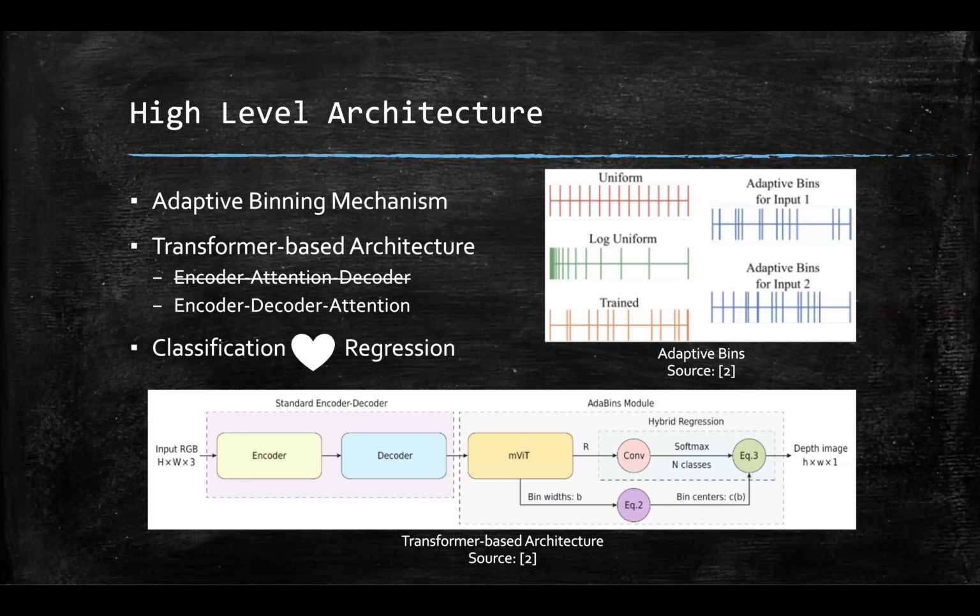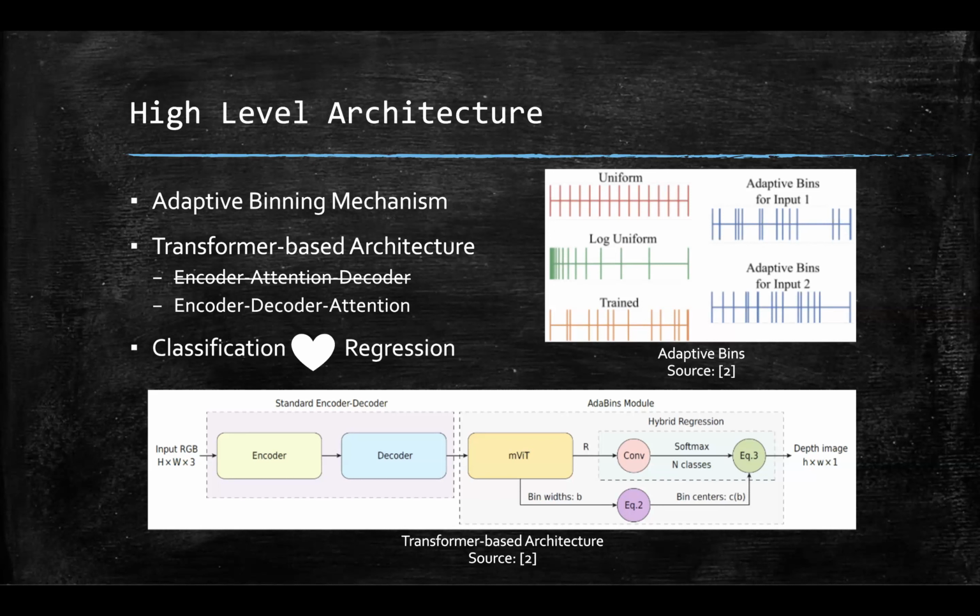In the AdaBins approach, the authors found a sweet spot between classification and depth map regression with dynamic binning, in a way that bin widths are adaptively computed for each image. And you can see an illustration of that here. So for two different images, you have completely different bins. So bin centers represent different depth ranges.